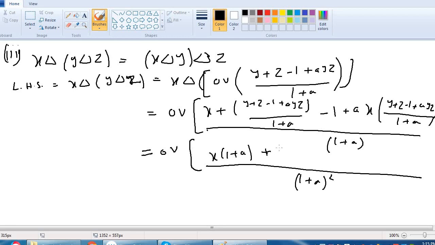in its denominator, it is 1, y plus z minus 1 plus a y z minus 1 into 1 plus a plus ax into this whole y plus z minus 1 plus a y z.